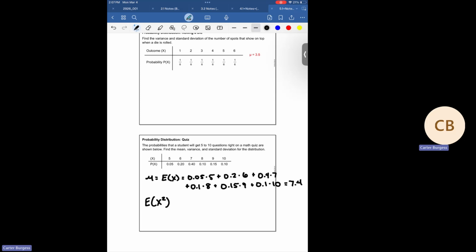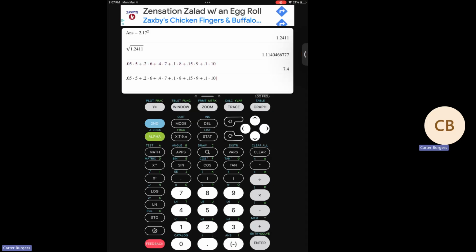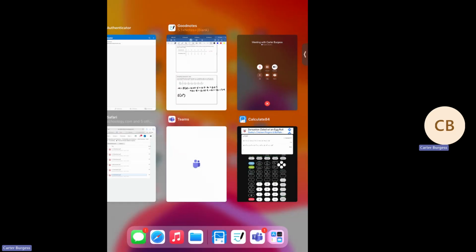We are going to do the exact same thing as for the expected value, which we used to find the mean, except we square all the x's. So it is literally the exact same thing, except all of my x values are squared. That gives 56.6, whatever that means, which to us is meaningless. It doesn't actually hold meaning that we cared about.